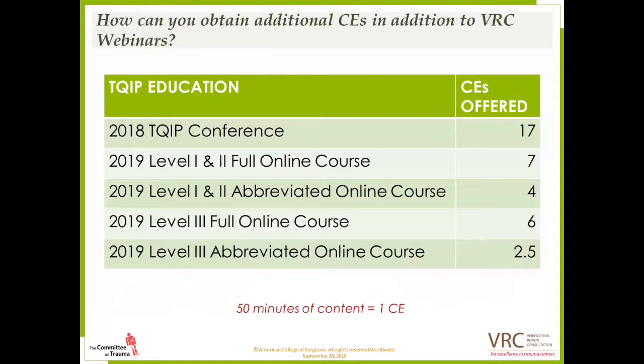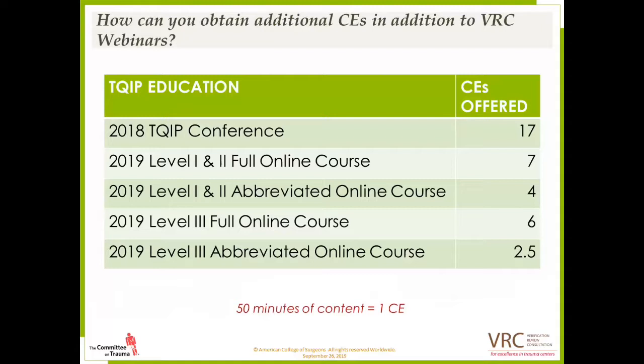And I can tell you from my experience with the registry webinar, people were concerned about not being able to get the CEs, and I get that. So I just wanted to show you, for you TQIP centers, the free education that is provided and that you get CEs for. And last year, for the 2018 TQIP conference, 17 CEs were offered.